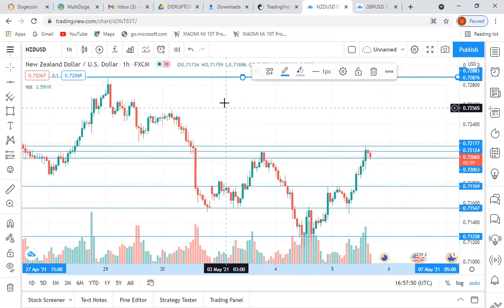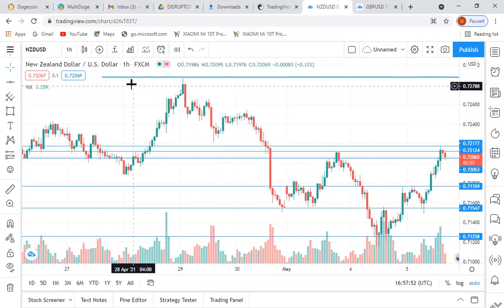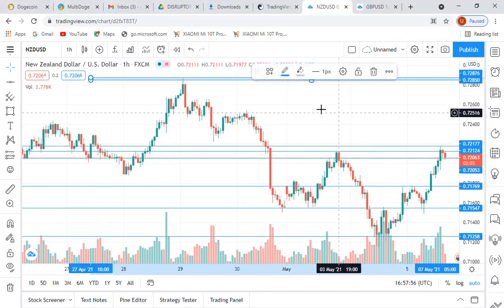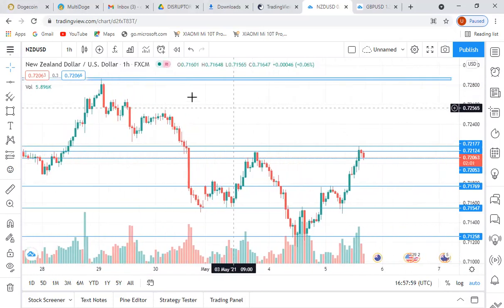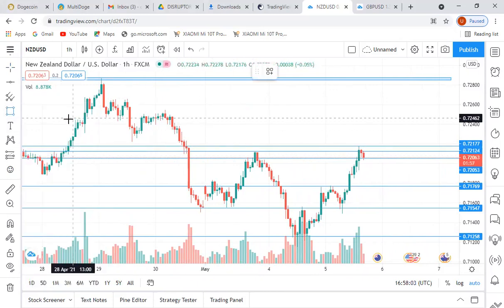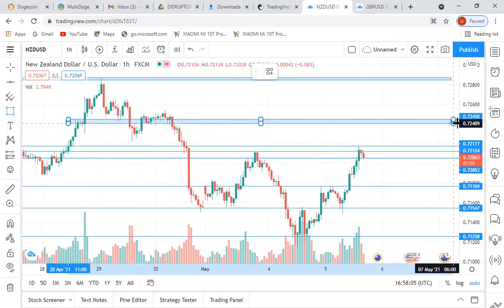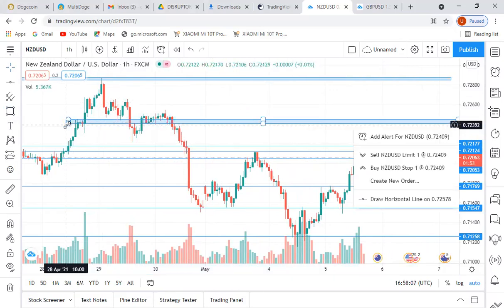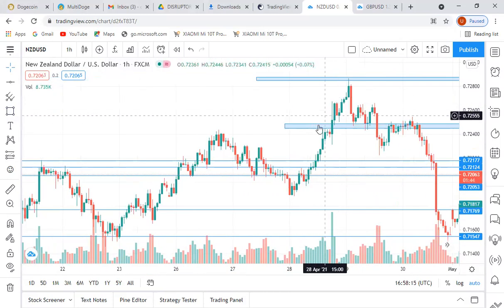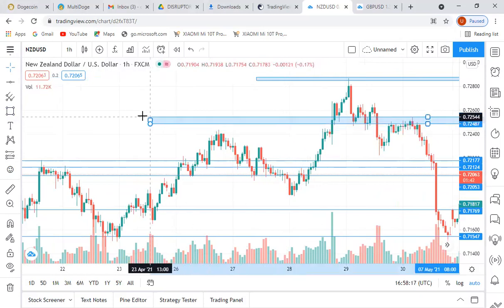So right now, I have quickly used 1 hour to see where the highest zone of resistance is, and I have placed my rectangular tool, and also I have marked another zone where price began to drop from this zone. So I have dropped this here, so we can see this.